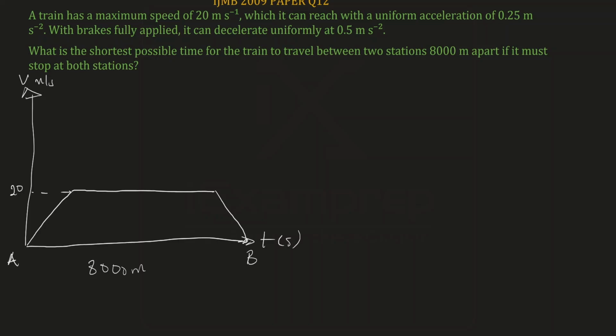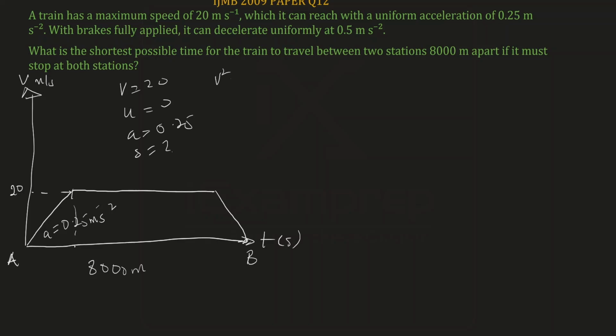What we know is that the maximum speed is 20, and the acceleration, which is the slope, is 0.25 meters per second squared. What I would do is to calculate the distance it traveled to accelerate. So for the first part of the motion, let's find the distance. We have v is 20, u is 0, since starting from rest, acceleration is 0.25, and I'm looking for the distance it takes to accelerate.